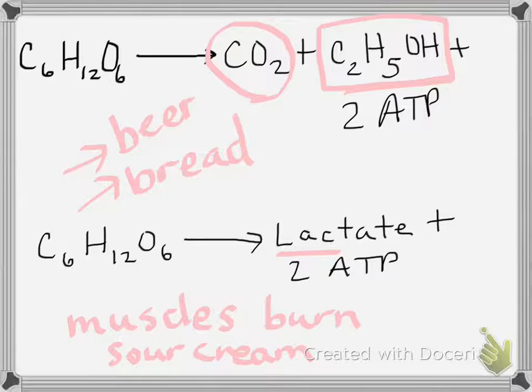The distillers, the brewmasters, they're interested in the ethanol production. Now, to make this happen, you're going to have some cells, because this is cellular respiration. What cells are the bakers and the brewers going to put in with the glucose to make this happen? Yeast. It's yeast that does this.